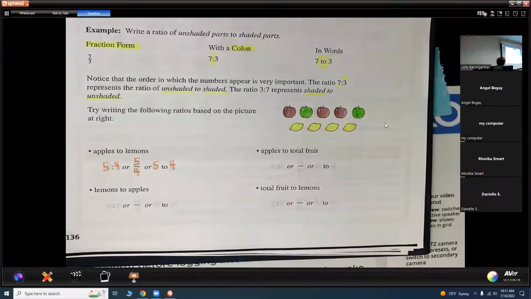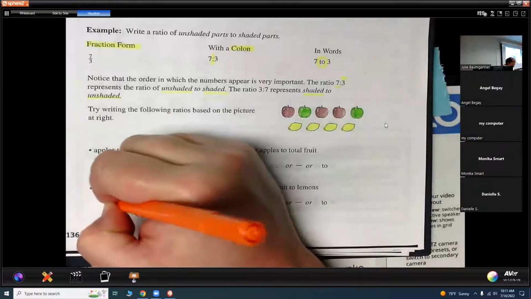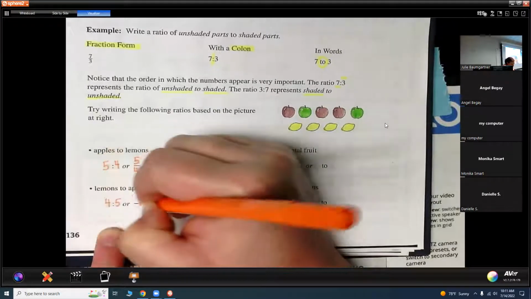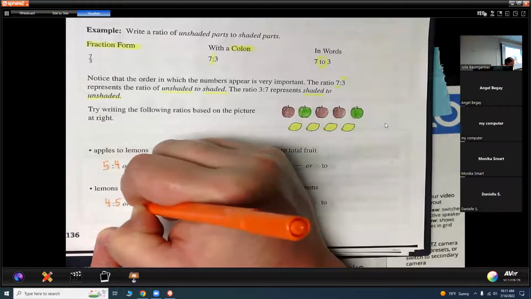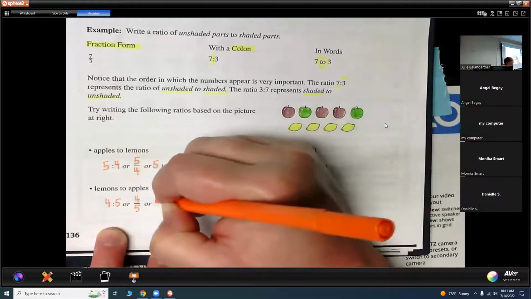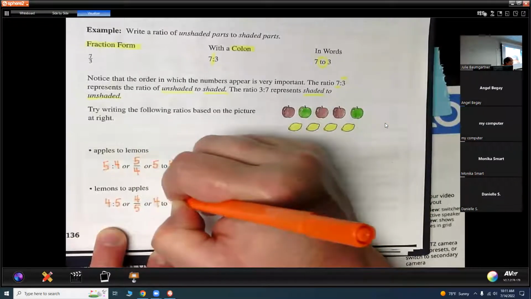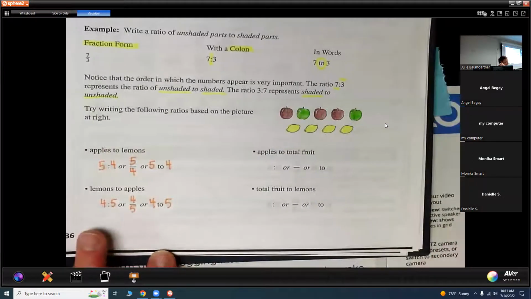So hopefully everyone is gathering what we're doing here. So what is the ratio of lemons to apples? Yep, 4 to 5. Exactly, okay? And so it's really up to the person creating the ratio to decide how they want to order and compare the things, okay?